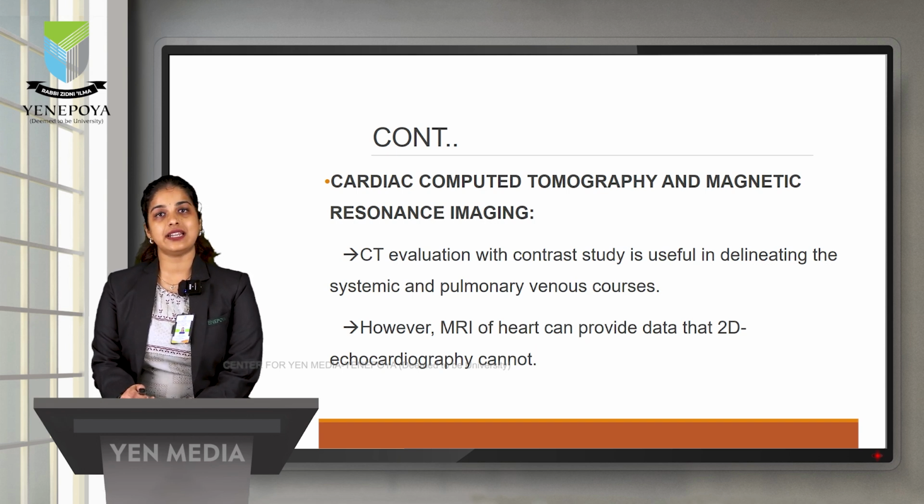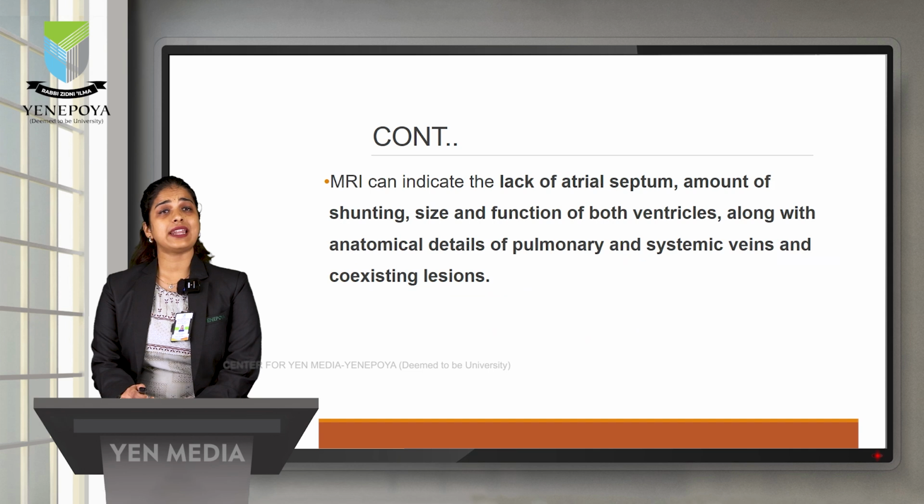When the data acquired from echocardiography is not sufficient, we can go for MRI, which gives information about the lack of atrial septum, amount of shunting, the size and function of both ventricles, the pulmonary and systemic vein attachments, and any associated lesions.